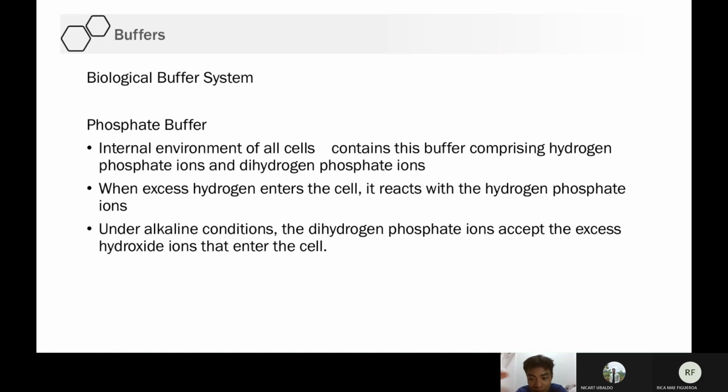Kapag yung ATP na gamit, magre-release yun ng phosphate sa ating cell. Then, gagamitin yon to remanufacture ATP, no? So, yung phosphates na nagagamit and nare-release, no, during those biological processes sa ating katawan, they actually create this buffer system, no? Okay, so they maintain the pH of the blood, no?